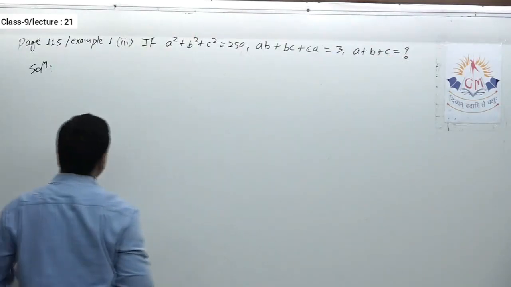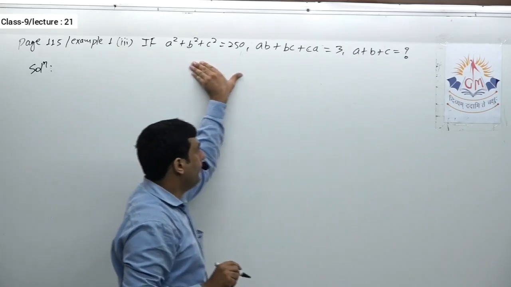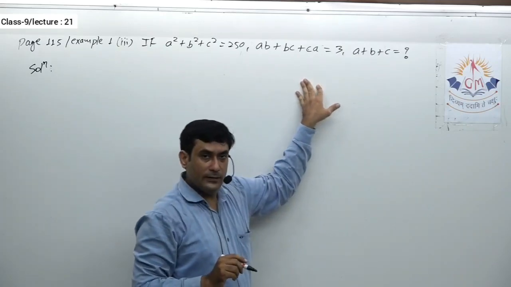So again the same thing: two parts of that identity are given, the third they are asking.